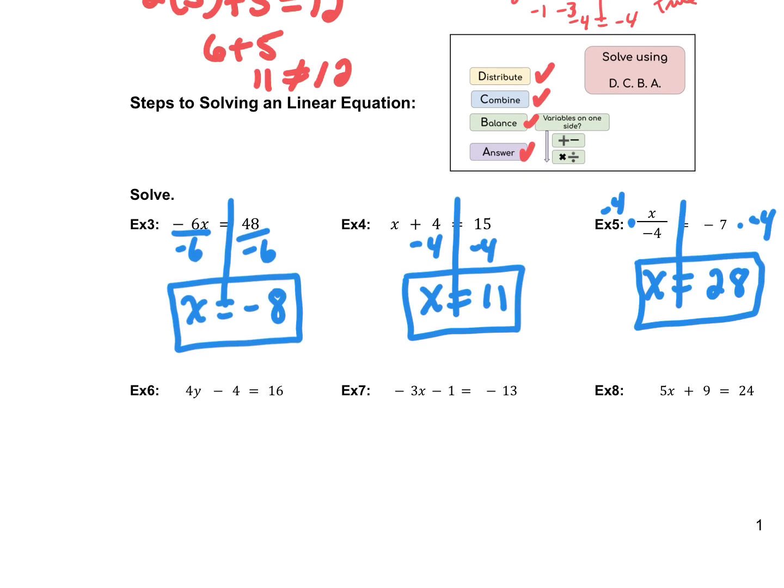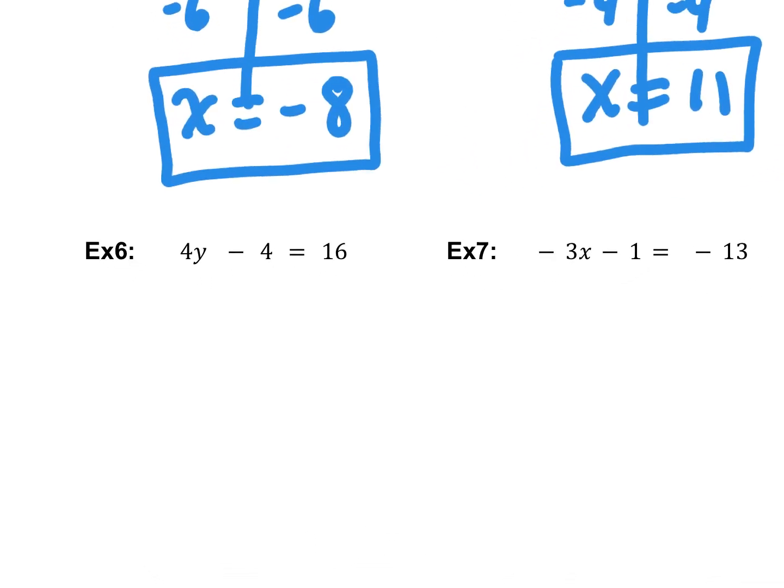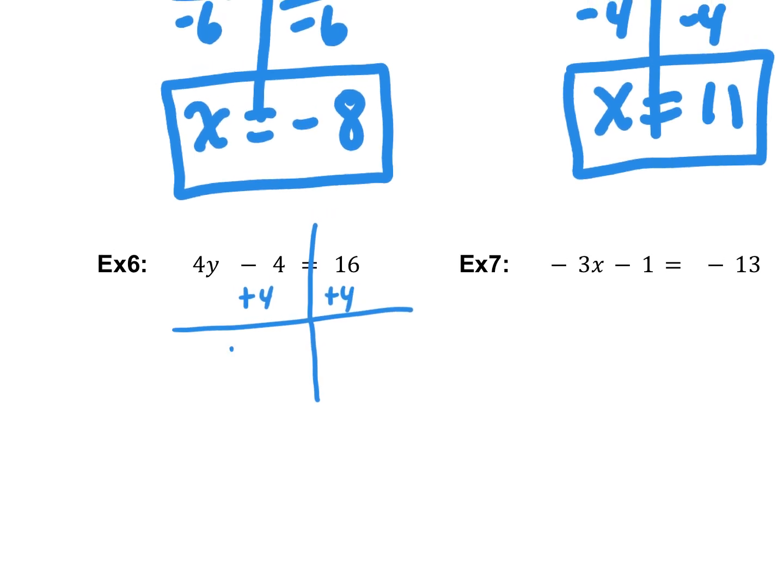All right, so 3, 4, and 5 are all one-step equations. Then we're moving to two-step equations. Ta-da! So we draw our line down the middle, add 4 to each side. 4y equals 20. Then you're going to divide by 4, and y is equal to 5.